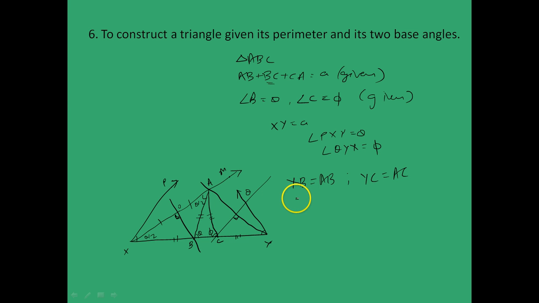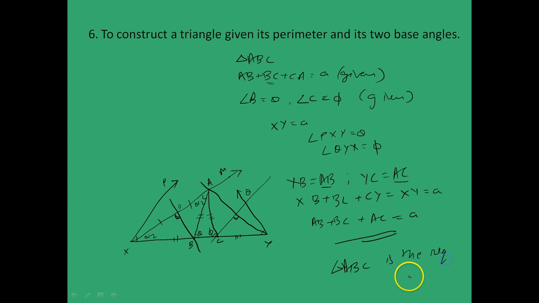Now because XB plus BC plus CY is equal to XY, which is equal to A, replace XB by AB and YC by AC. So we have AB plus BC plus AC is equal to A, which is what we had started off to draw. So triangle ABC is the required triangle.